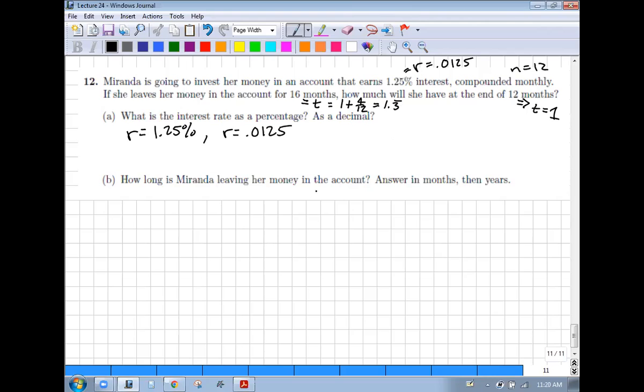How long is she leaving her money in the account? 12 months, which is 1 year. Oh, no, wait. She's leaving it in there for 12 months. Wait a minute. If she leaves her money in the account for 16 months, how much will she have at the end of 12 months? What the hell?